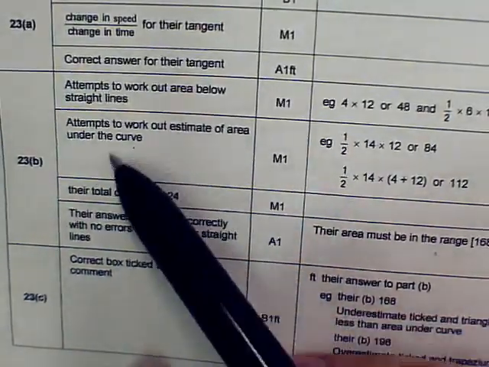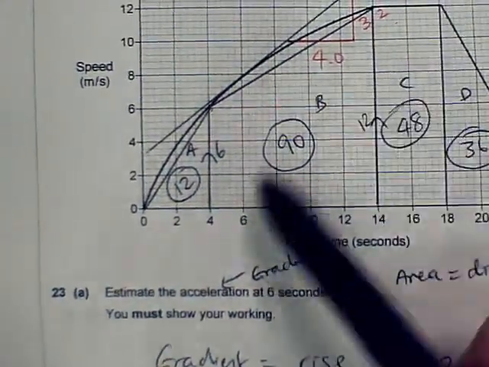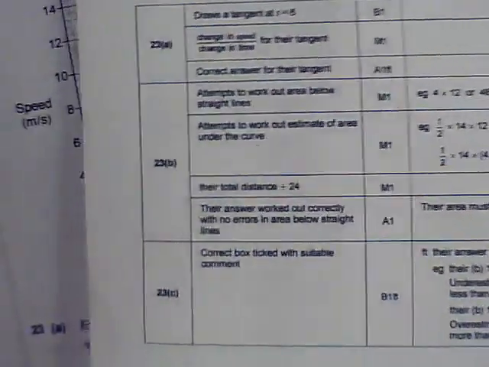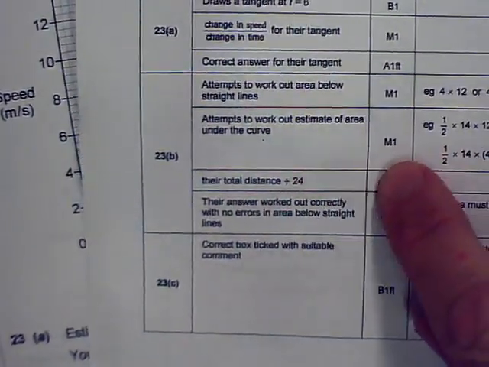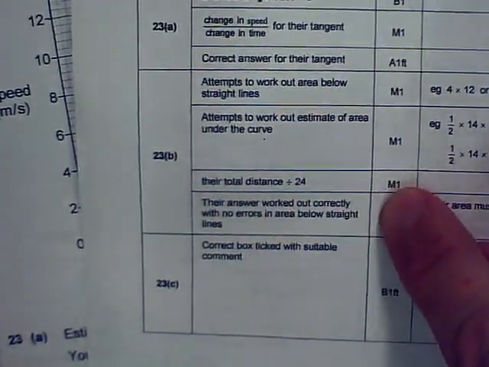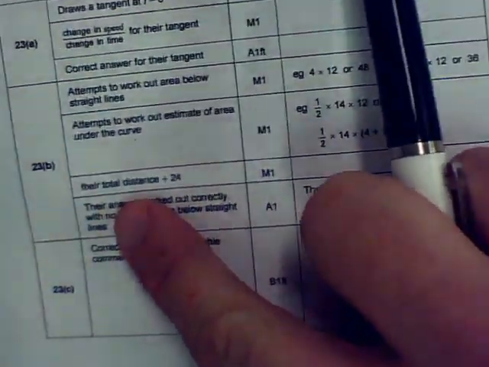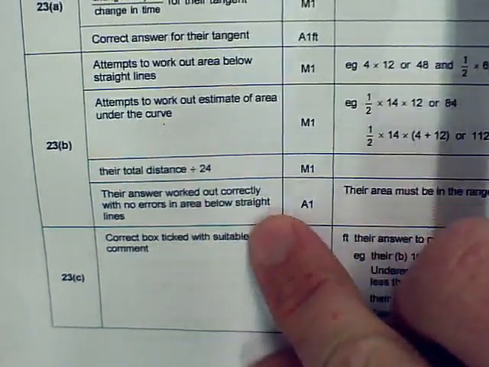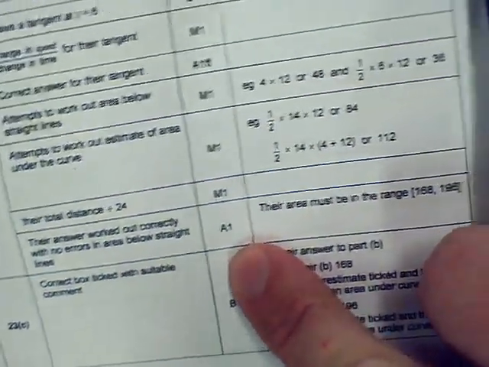The second bit, attempts to work out the estimate under the curve. So this is the curve bit here, so I would need to do that bit, add that bit. That's my area under the curve. And that gives you the second mark. Whatever your total distance was, if you divide it by 24, you get the third mark. And then it says their answer worked out correctly with no errors in area below the straight lines to get the fourth mark.